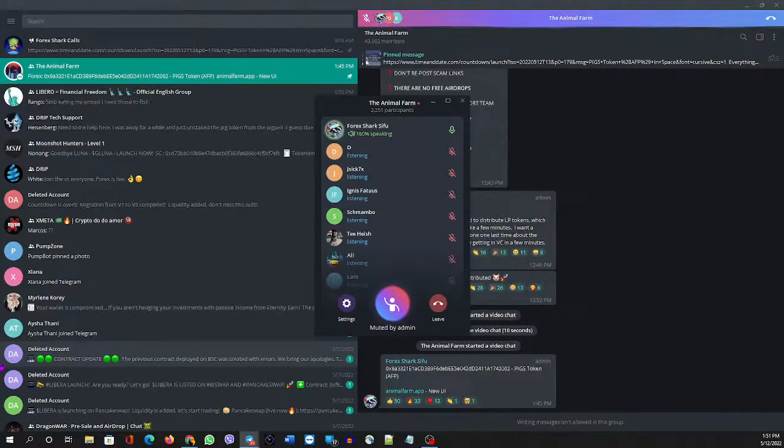So that 20% bonus will be removed after the first 48 hours. So, I would suggest if you have pigs in the credit contract and you want to credit to the piggy bank, get it done in the first 48 hours because you're going to get a slightly better rate, right? And when we're talking about compound interest, starting off with 20% larger principal makes a huge difference because you're going to earn compound interest on that extra 20%.